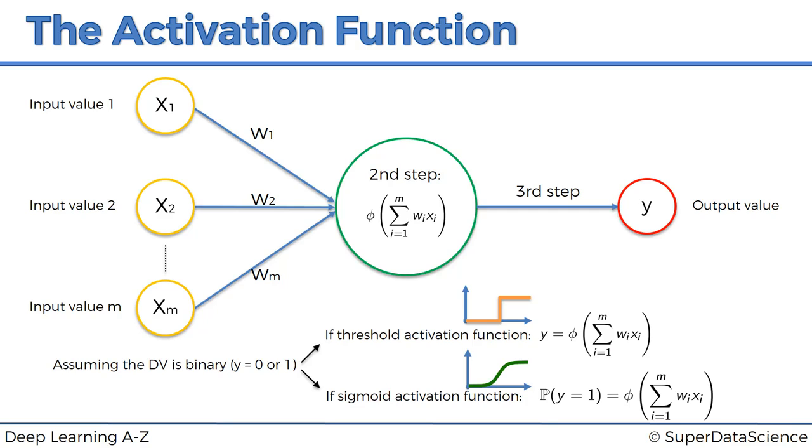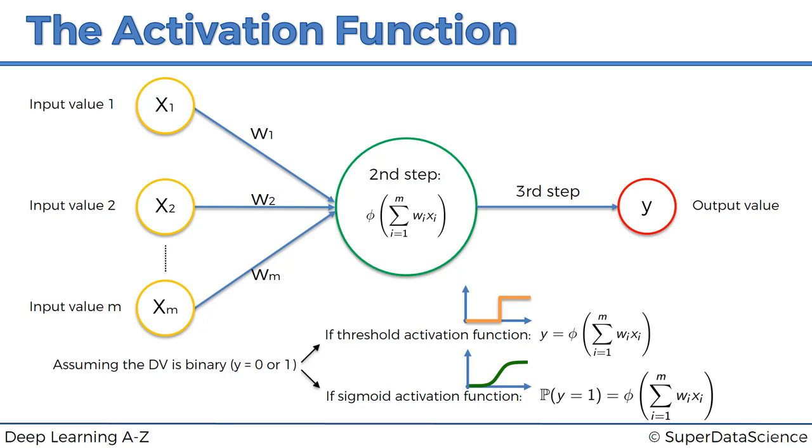Basically, the closer you get to the top, the more likely it is that this is indeed a 1 or a yes rather than a no. That's very similar to the logistic regression approach. And those are just two examples if you have a binary variable.